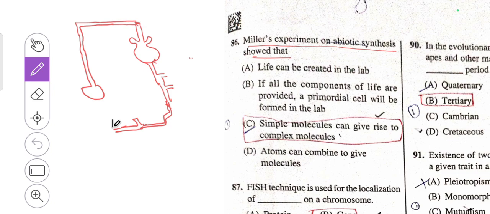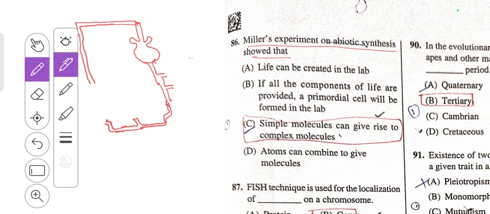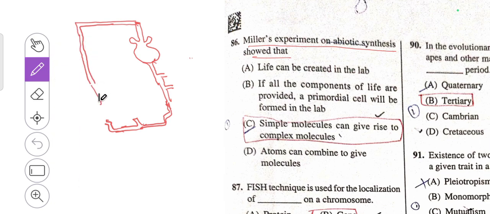Somewhat he made the experiment in this manner. Somewhat he did in this manner.